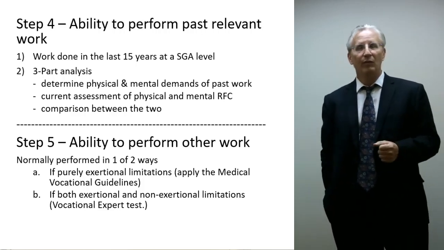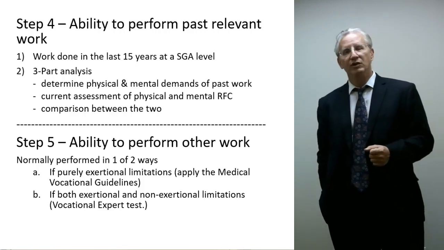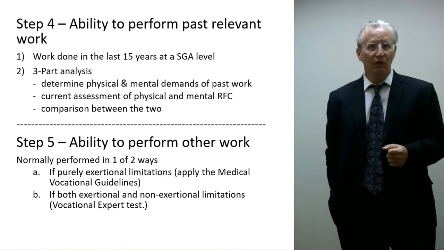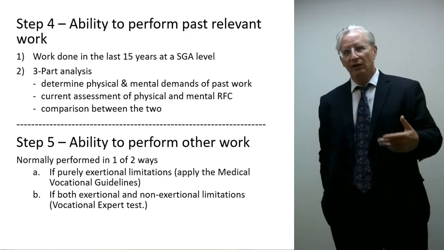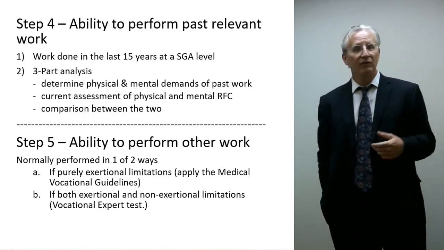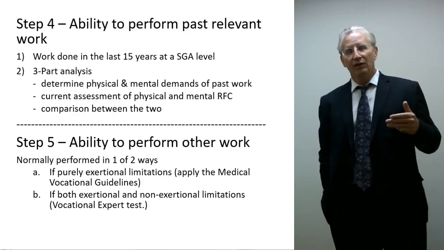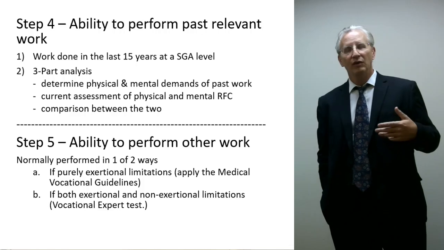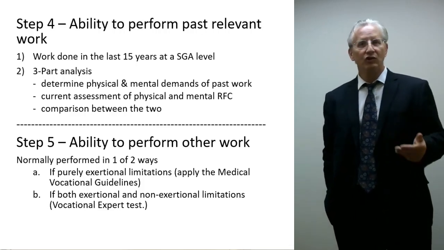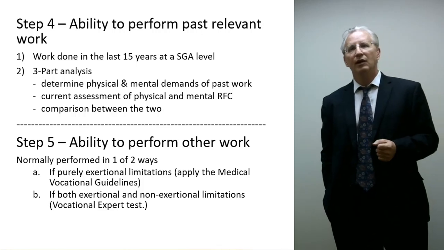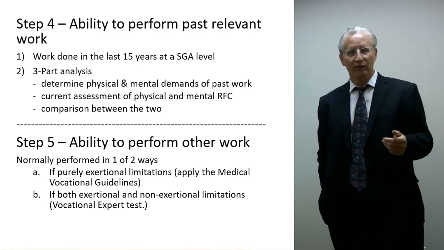Assuming they can't return to past relevant work, Social Security would then move on to step 5 of sequential evaluation, which is the ability to perform other work. Now, before you can actually launch into an analysis of other work, you need to make a determination as to whether or not the impairments of the claimant that you're looking at are strictly exertional in nature, meaning that they only affect the ability, let's say, to sit or stand or lift.